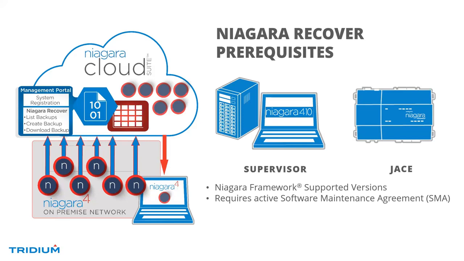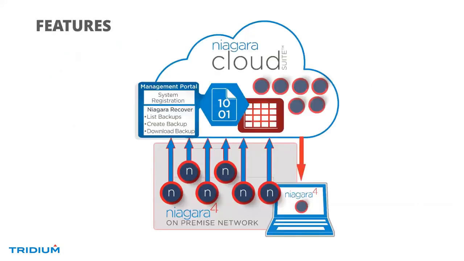It doesn't mean that if you have it now and it's running, it's going to stop working necessarily, but we want to make sure that as you start that journey, you can leverage all the features or bug fixes that come along with having the latest version of the Niagara framework. And of course, you want an active SMA to be able to leverage that as well.